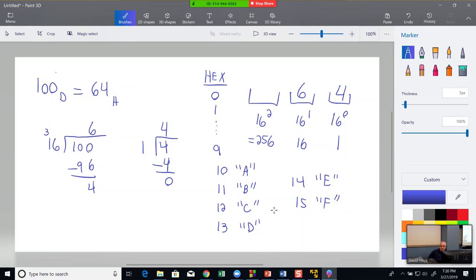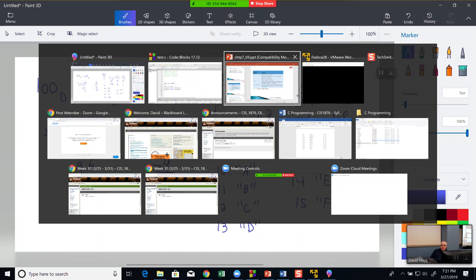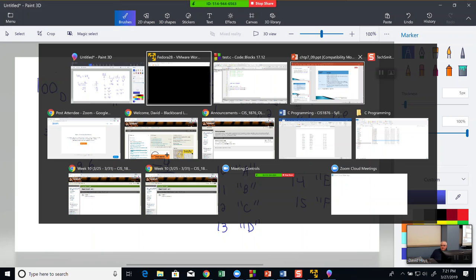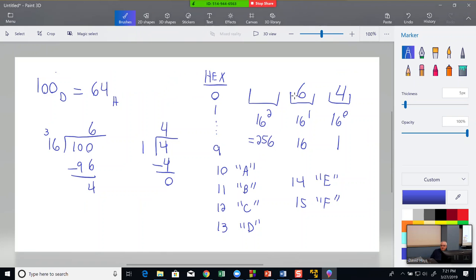So there's 10 there, and then there's 6 more there, so it's 16 total. So that's your 16 digits. So if I had come up with a 10 here, instead of putting 10, I'd put an A here. But that's why you saw those letters, and you didn't see any above an F. You'll probably take a discrete math, discrete structures class in your computer science program, and you'll see a lot of this.